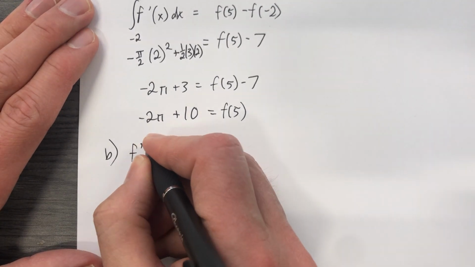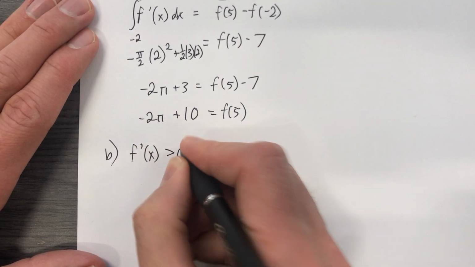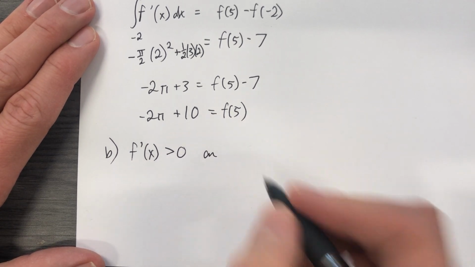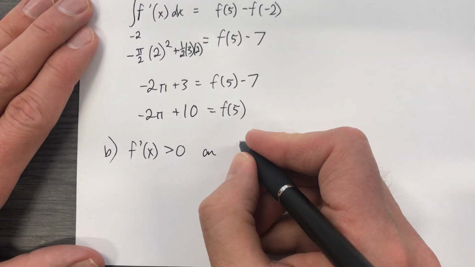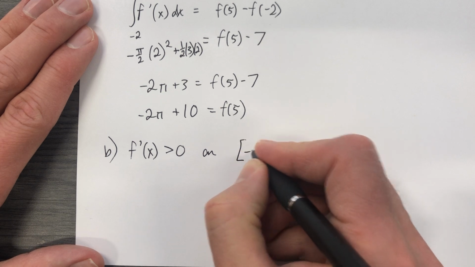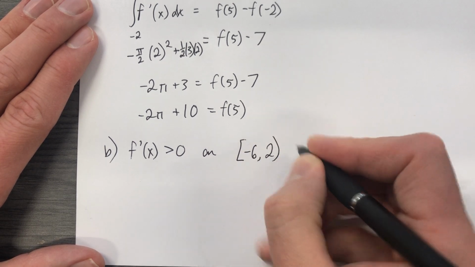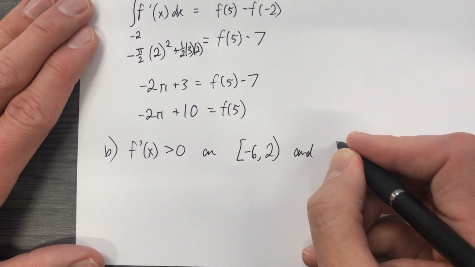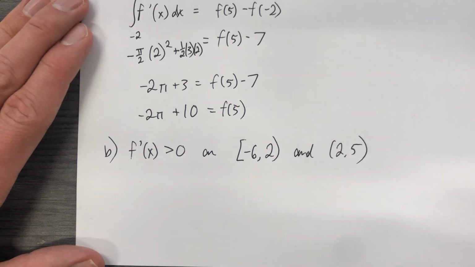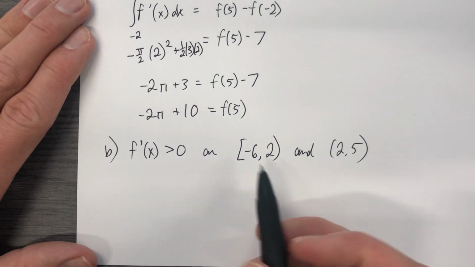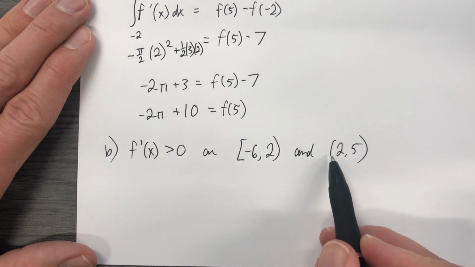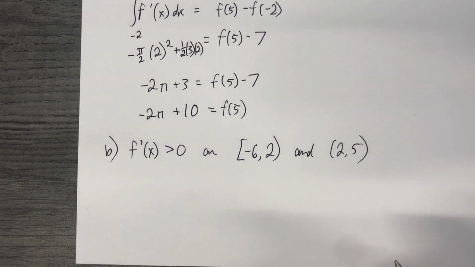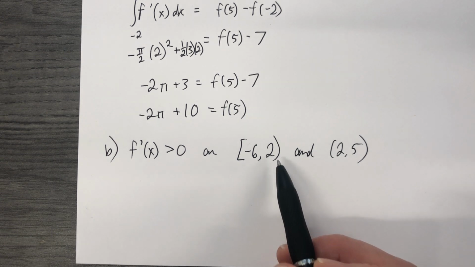So f prime of x is positive on the intervals from negative 6 to 2 and from 2 to 5. And as I write this, I'm trying to be a little careful about the endpoints of the intervals, about technically where the derivative is positive or where it's actually 0.